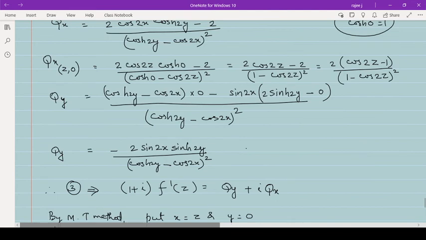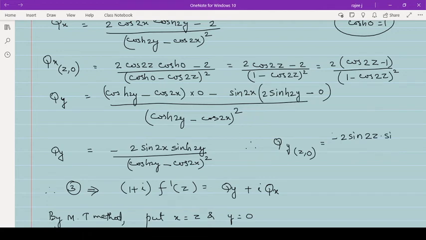So now here also in the same way Qy at z0 will be, see, minus 2 sine 2z into sinh 0.